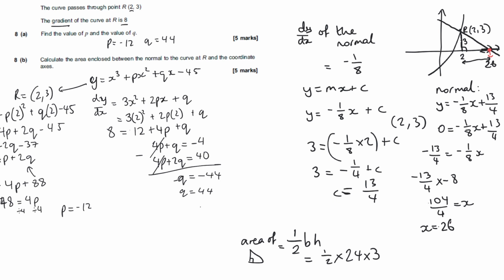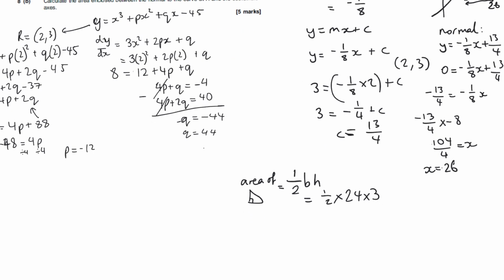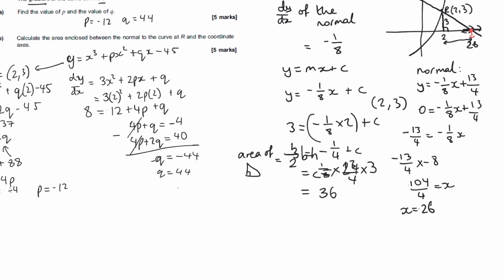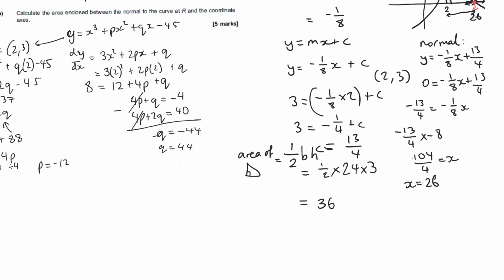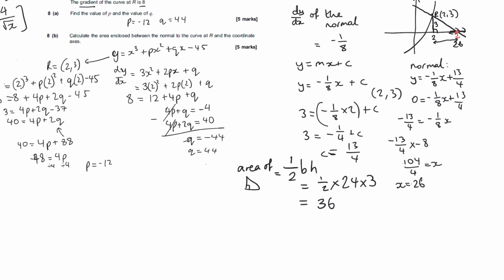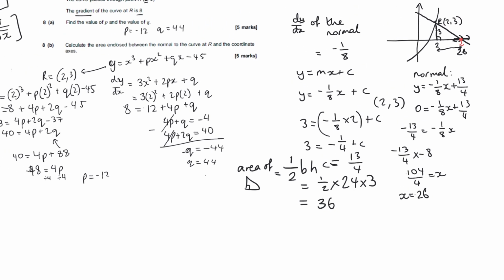So half times 24 times 3 would leave us with 36. So we can happily say that the area of the triangle, the area of this triangle is 36.